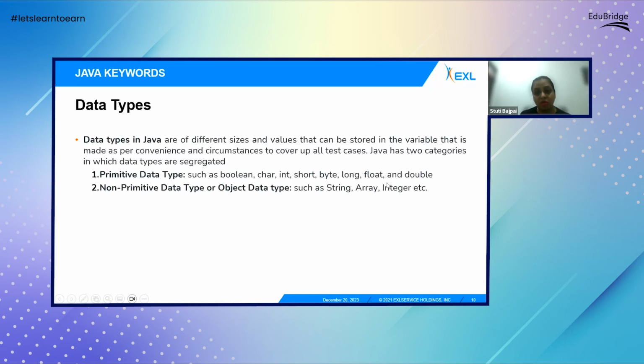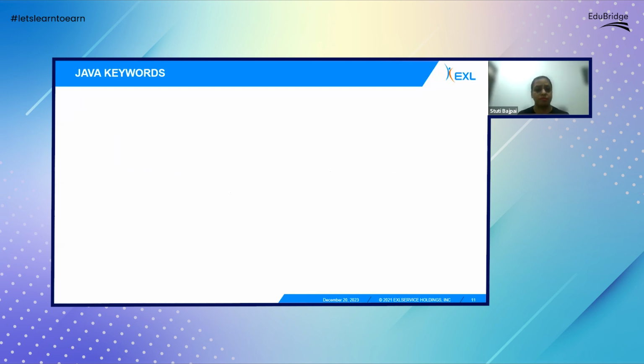So when you write Integer x, your x is actually an object type, which means it comes with several methods that are provided in the Integer class. And if it's int, it's a simple data variable that you have.